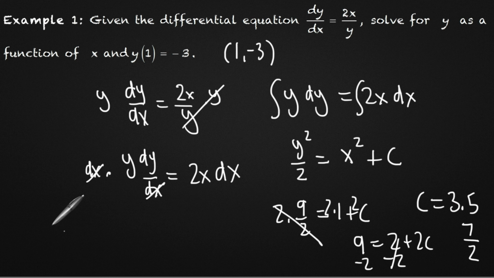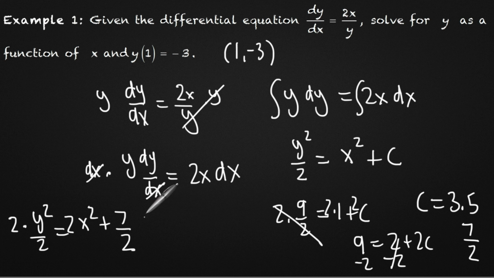So now we go back, and we have y squared over 2 equals x squared plus 7 over 2. And once again, I'm going to get rid of the 2's by multiplying everything by 2. So that's going to cancel, that's going to cancel, and that's going to leave me with y squared equals 2x squared plus 7.